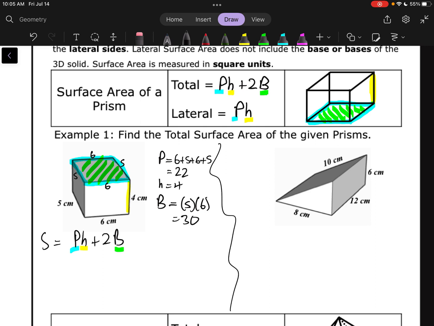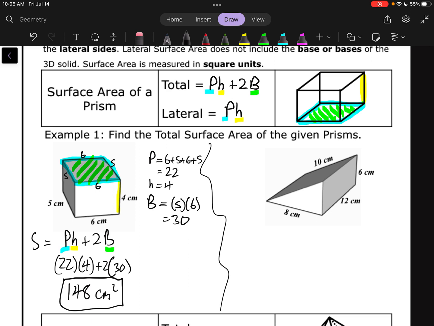So all in all here, I'm going to do 22 times 4 plus 2 times 30. I'm going to get 148, and this would be centimeters squared.